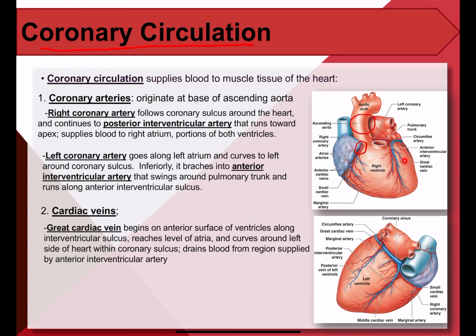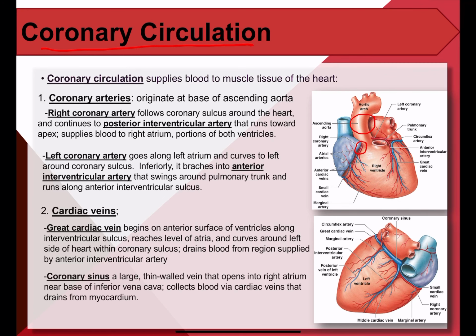It goes upwards along the surface of the ventricle into the interventricular sulcus, reaches the level of the atria, and curves around the left side of the heart back into the region called the coronary sinus.